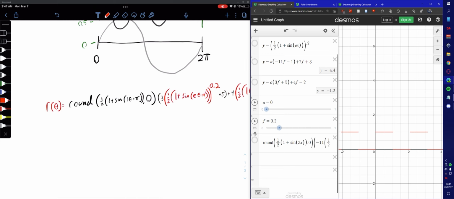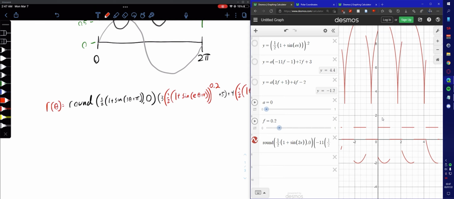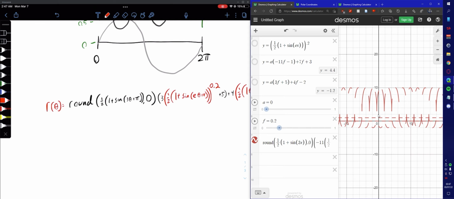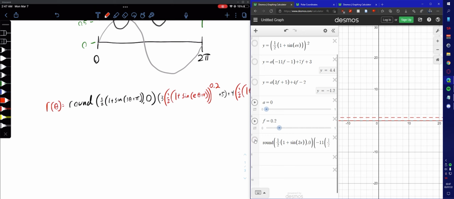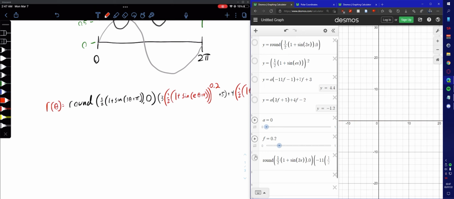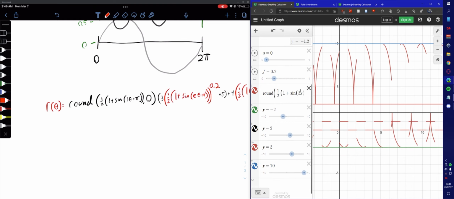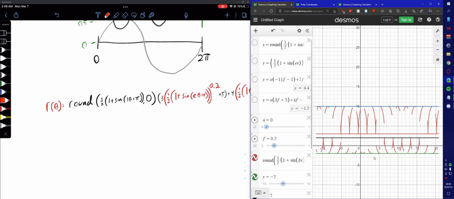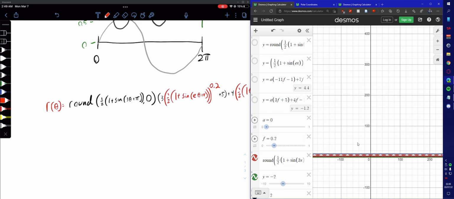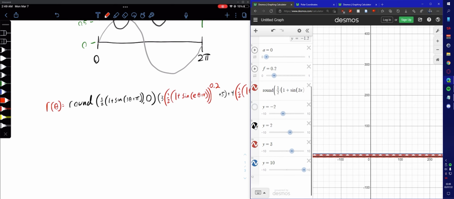So what does that look like? I've got it right here. Let me turn that off. In sections as it jumps back and forth between the two. So here's what it looks like. Let me turn off all the lines.